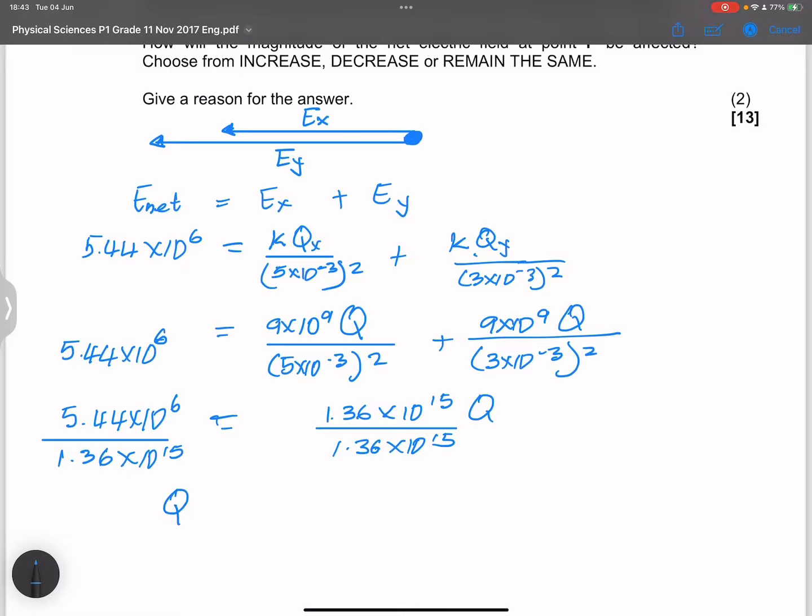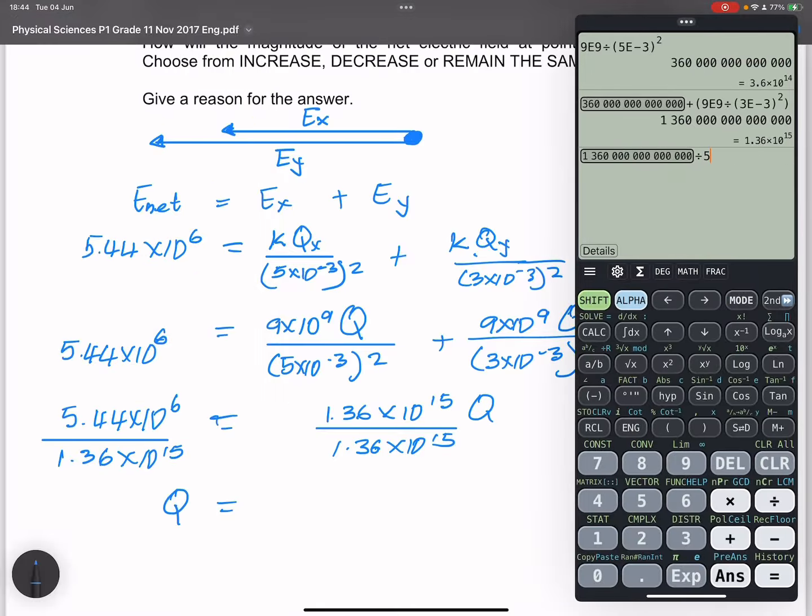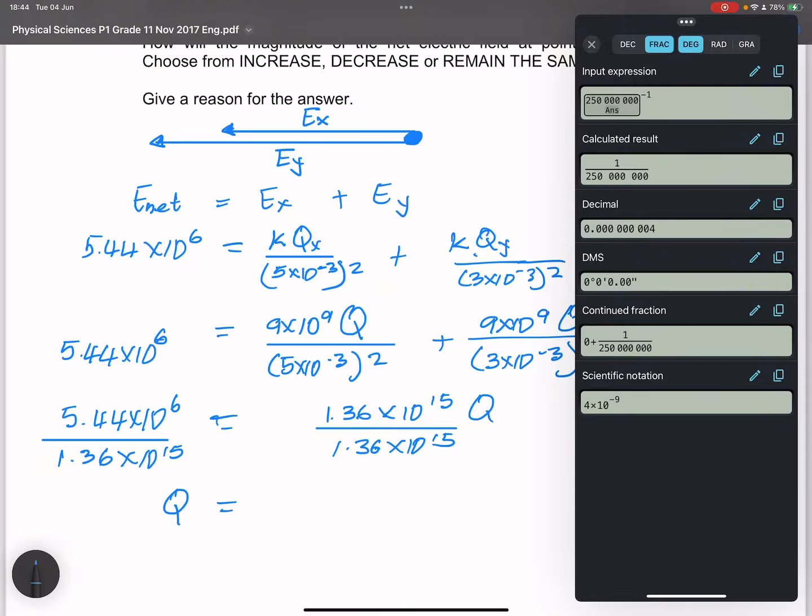And what should be our value for q? So I'm going to take that answer and divide by 5.44 exponent 6, and now I'm going to simply take the inverse of our answer there. And what does that give us?